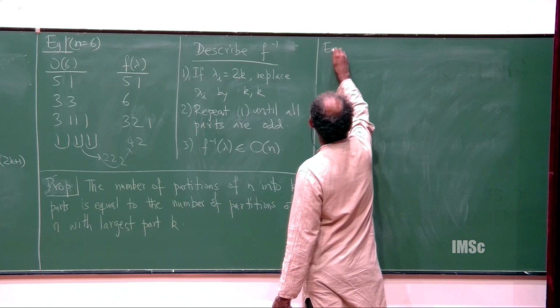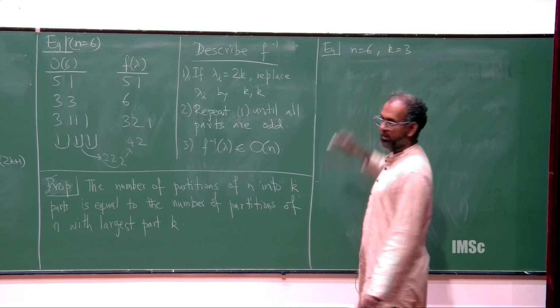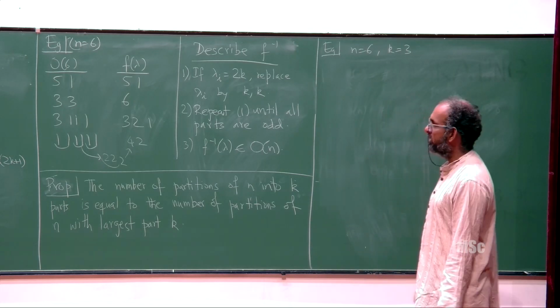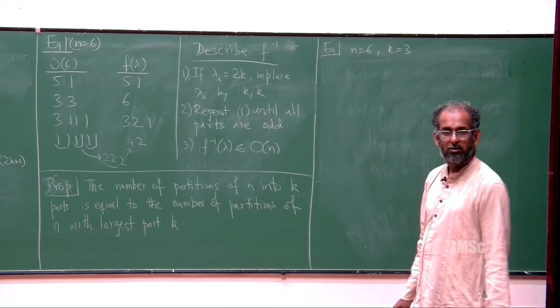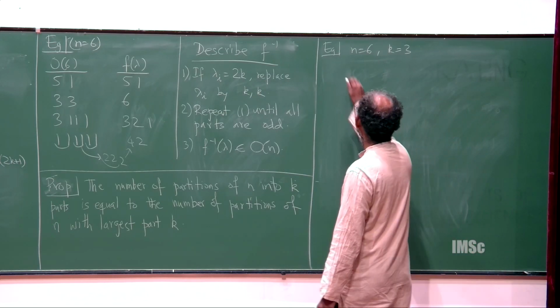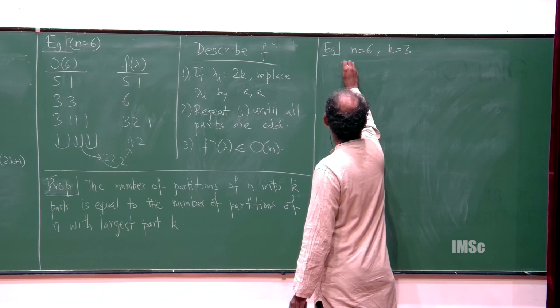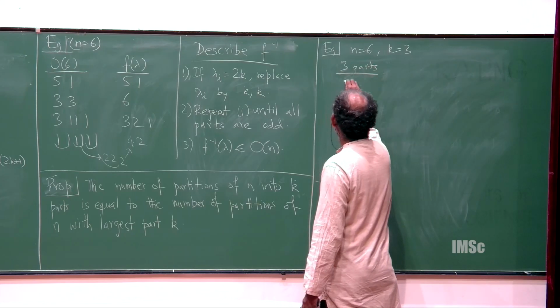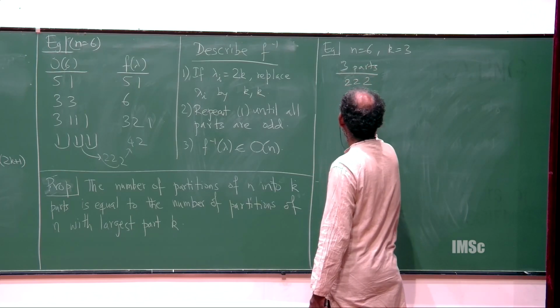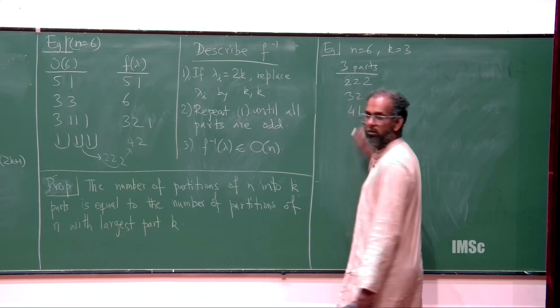So let's do n equals 6. Let's do k equal to 3, for example. So what are the partitions with exactly 3 parts? 2, 2, 2. 3, 2, 1. 4, 1, 1.